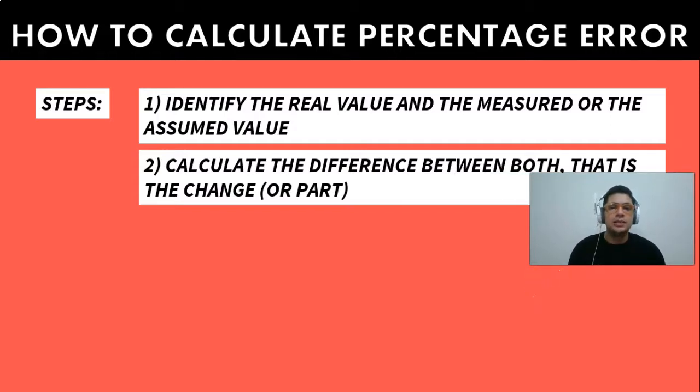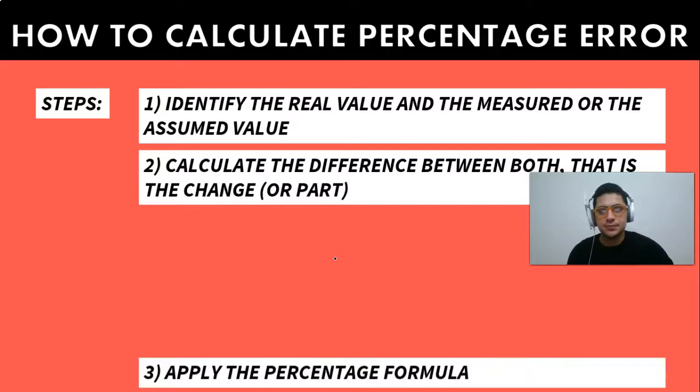So we're going to subtract the measured value minus the real value, or the real value minus the measured value. The important thing, guys, is that the change is always going to be positive. So we're going to be using the absolute value, right? So the absolute value of the difference between both, so that the answer is always positive.